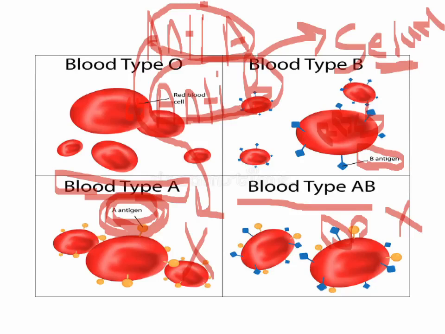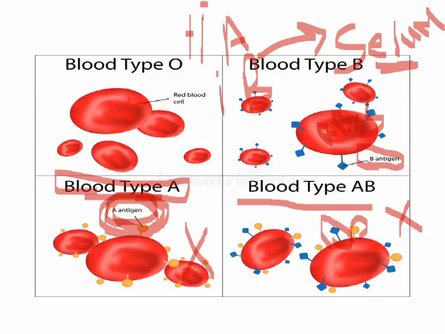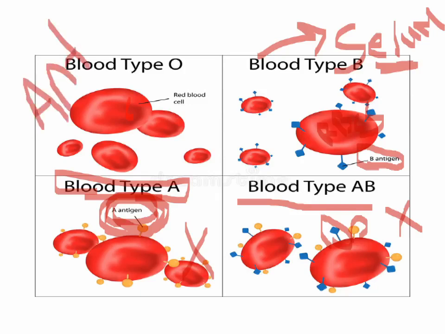How about the blood type O? The blood type O contains neither antigen A nor antigen B. So here you don't have both antigens. So this means that you will have both antibodies. You will be having in your serum anti-A and anti-B, right?